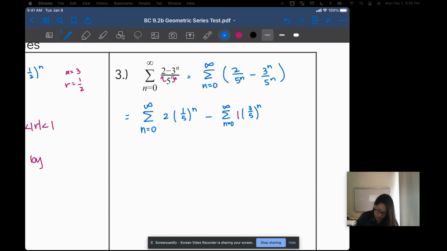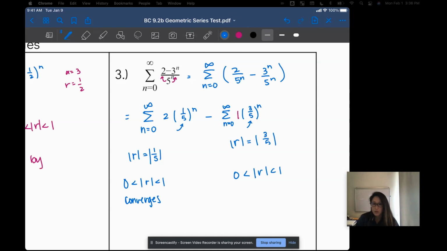So the left-hand series has an absolute value of r equal to 1/5. So the absolute value of r is between 0 and 1, so the series converges. Okay, and what we're subtracting out is a series with an absolute value of r that is equal to the absolute value of 3/5, our constant multiplier, okay? So I can see that the absolute value of r is between 0 and 1, so this series also converges.